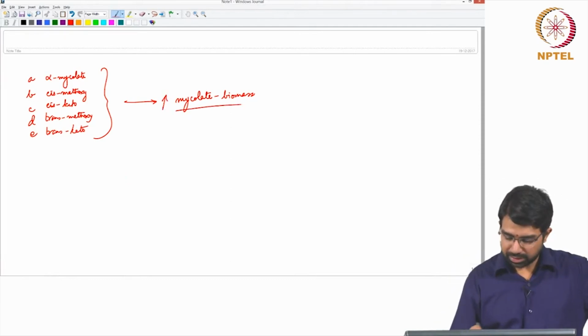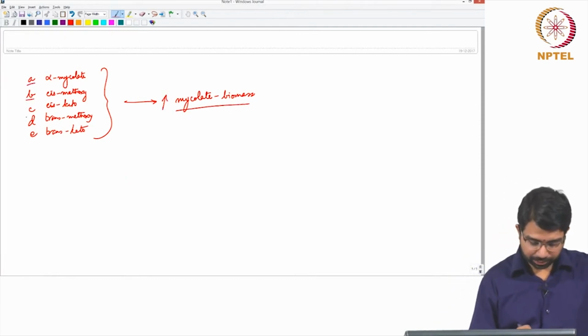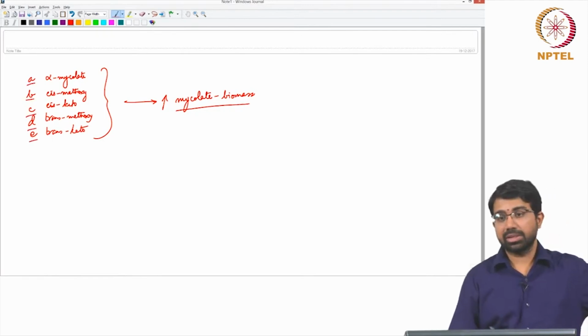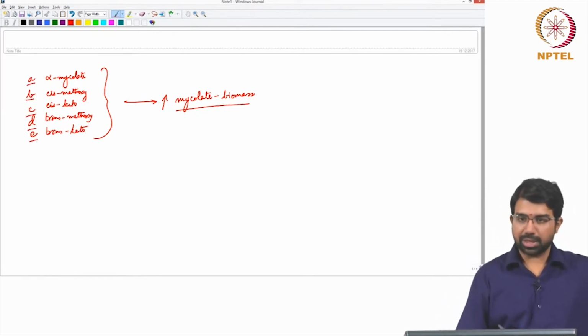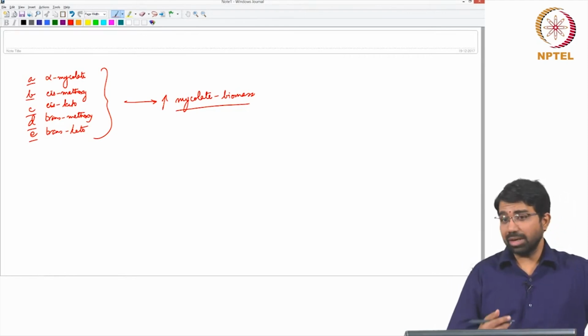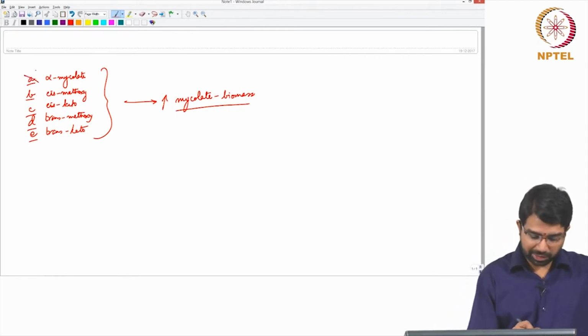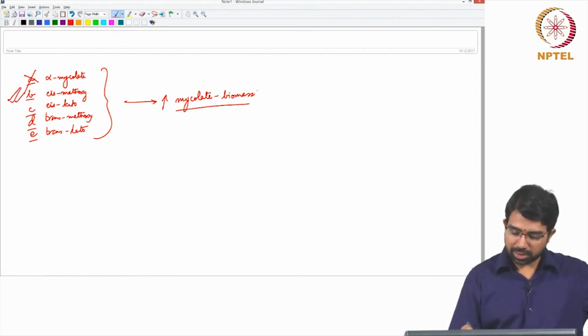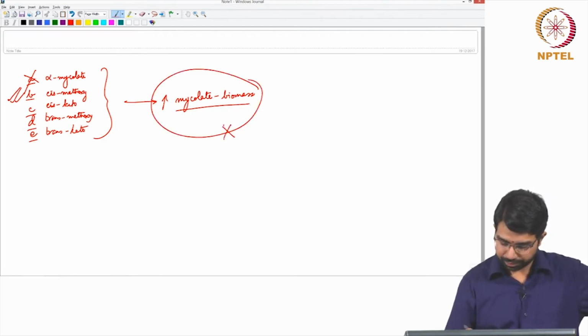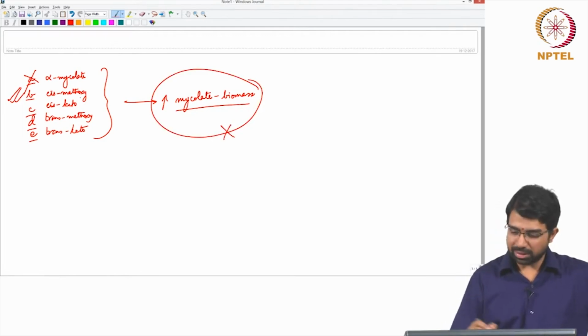The problem with this is, it obviously requires all 5 to be present in a particular proportion, whereas it is known that the cell does not produce all 5 simultaneously. I mean, it can produce them, but there are cases when if it cannot produce this, it will produce more of this. So, then you can't use this approach. This is like a classic biomass, right.